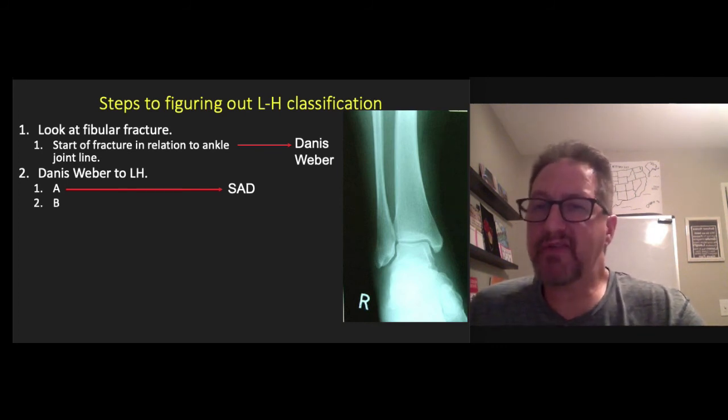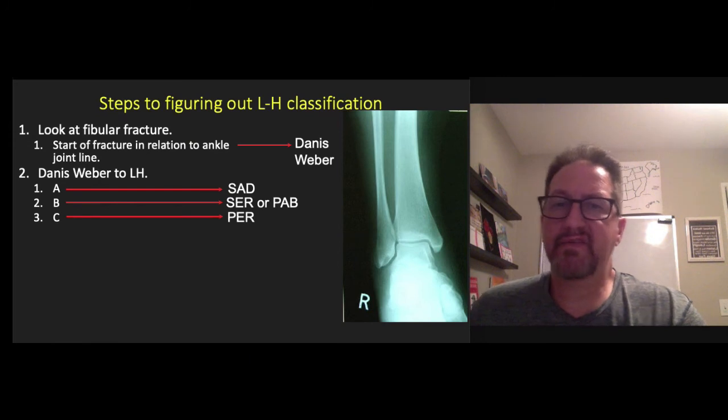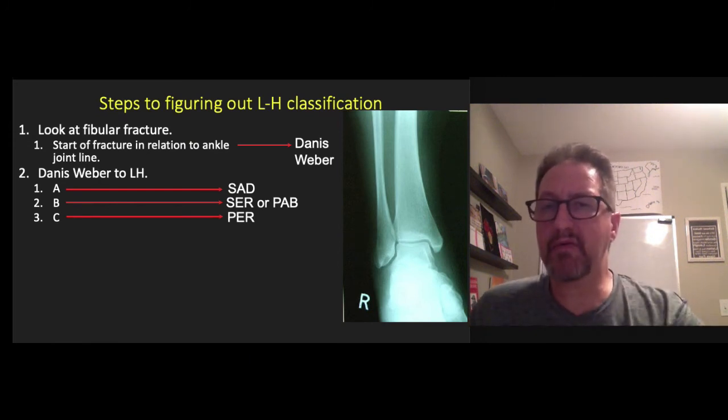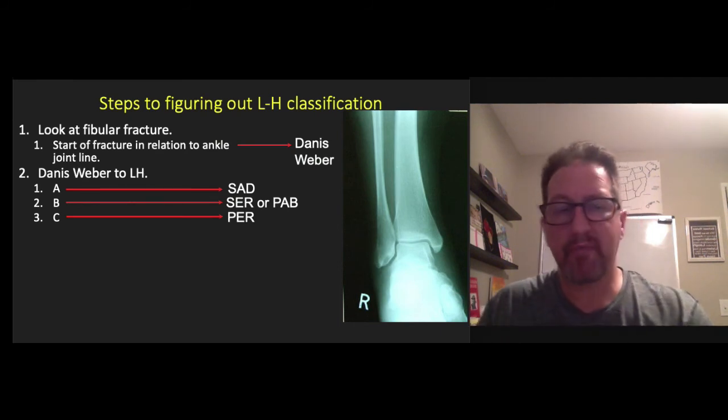If it is at the level of the ankle joint, which is a Danis-Weber B, then you could only have an SER or a PAB, so supination external rotation or a pronation abduction. If it's a C, which is above the level of the ankle joint, then it is a PER. So you can start to narrow down which of your Lauge-Hansen classifications you have based on simply knowing your Danis-Weber classification.